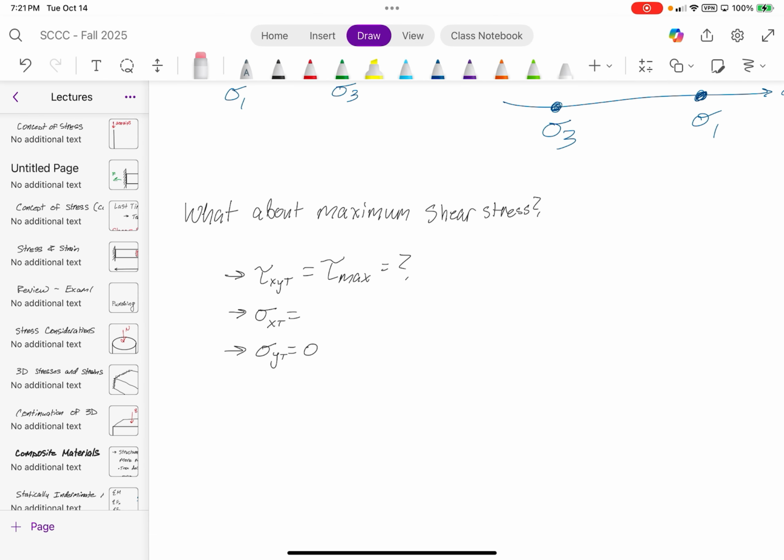No, they can't be 0. Oh, right. It's going to equal sigma 1 plus sigma 3 divided by 2. And there's a reason for that. We'll see next class why it is that. All right?